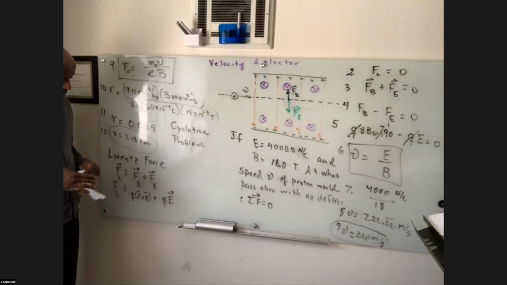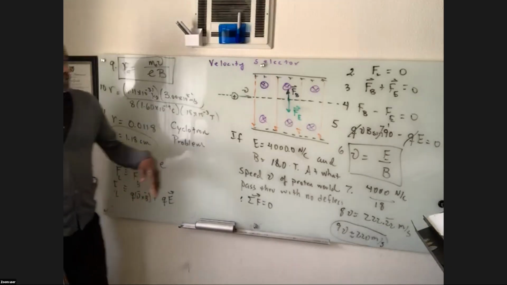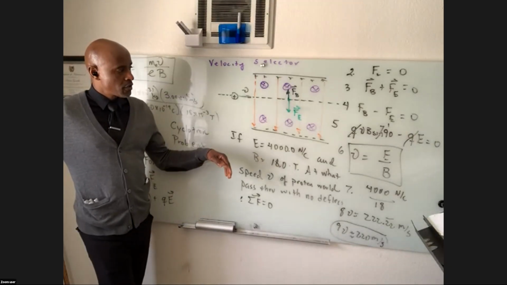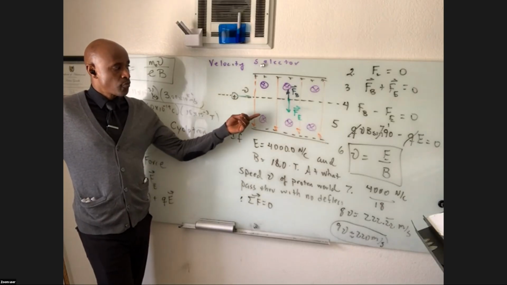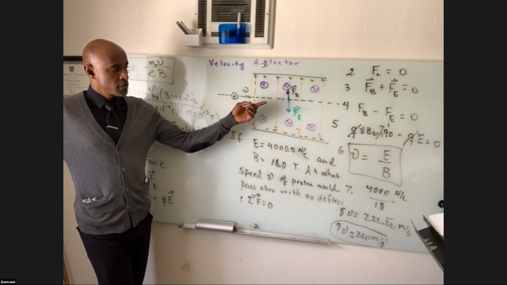So is it always gonna be FB minus FE even after we do the direction analysis for the vectors, or can it sometimes be FB plus FE? It's not always going to be that. It's whatever the relative directions are. In this particular problem, the forces are opposite.